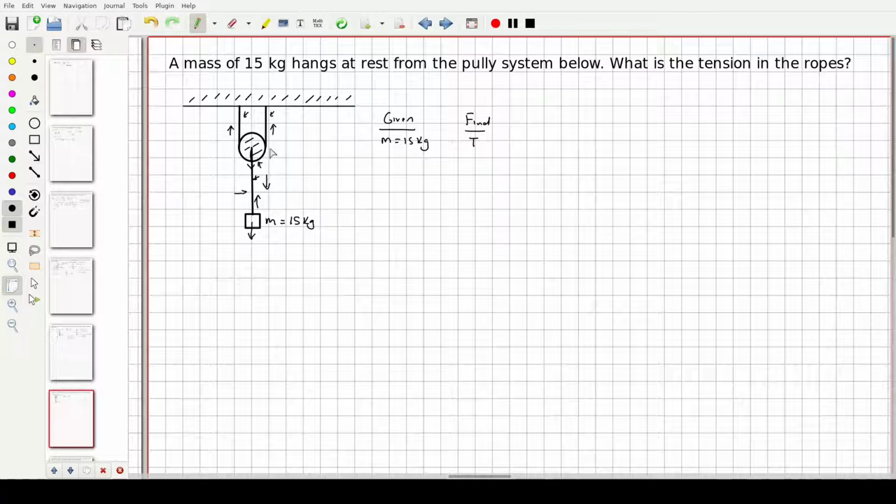Okay? Now, that said, let's draw a force diagram on the pulley. So, once again, you have the y direction, you have the x direction.